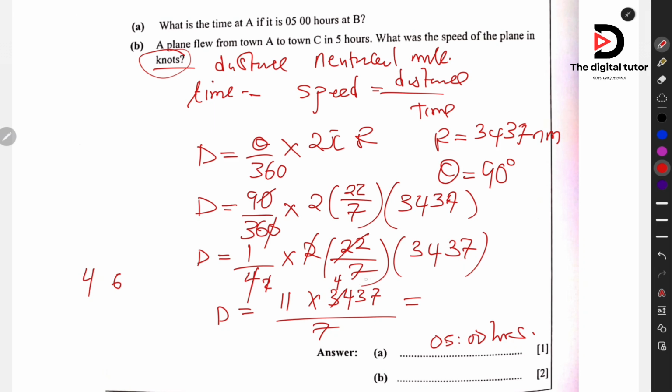This 6, we are going to carry to the next one. So we are going to say 63. How many times does 7 go into 63?